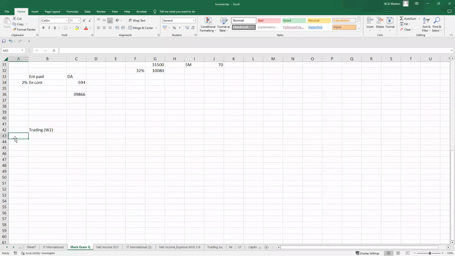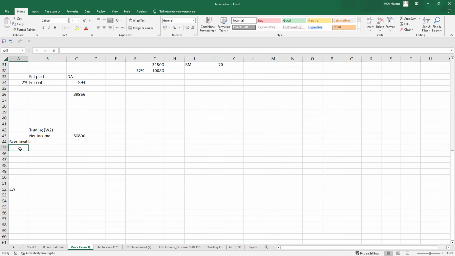We could start with the net income amount, and that includes everything. As we saw, that's just a sum of all of the amounts above. So we could start off with that, the 50,800, and then take out the income which is non-taxable or taxed elsewhere, and then add back the disallowable expenditure.